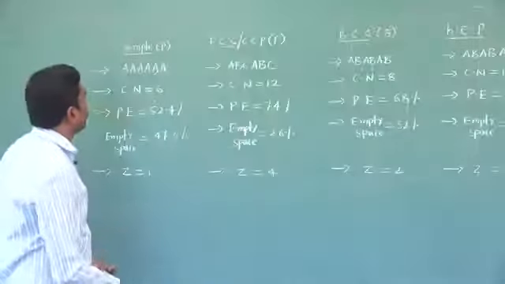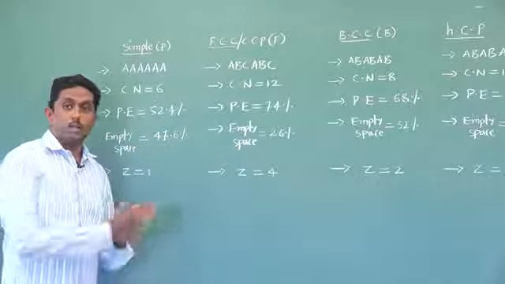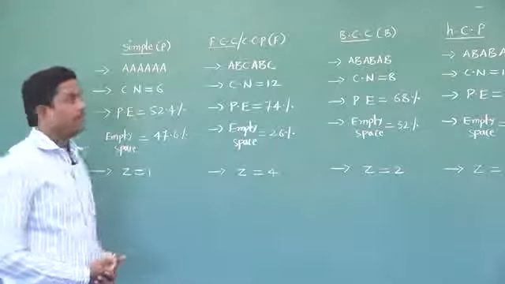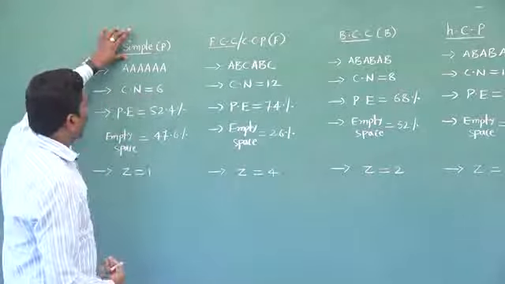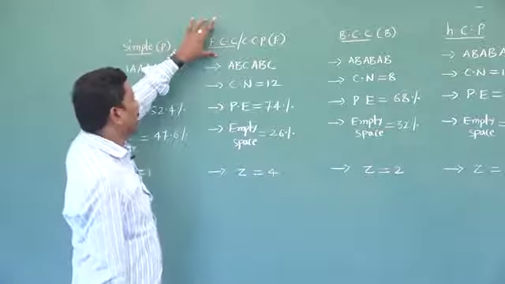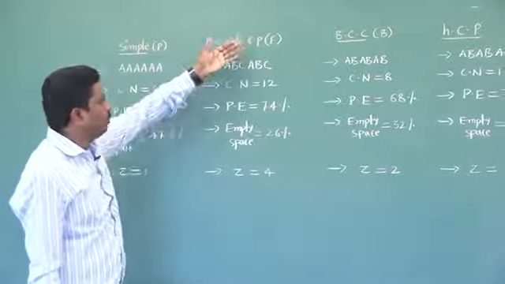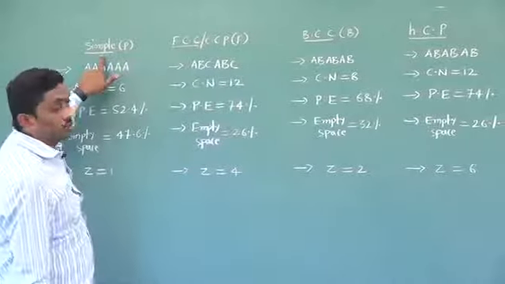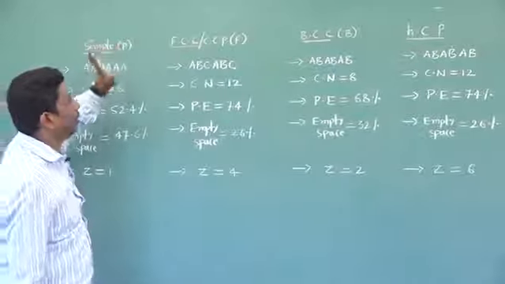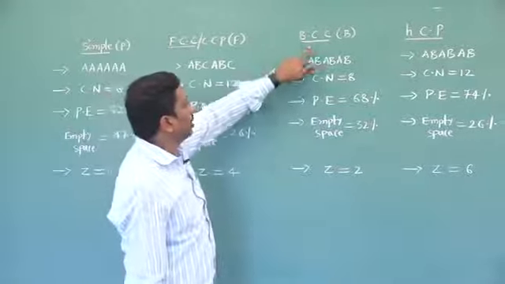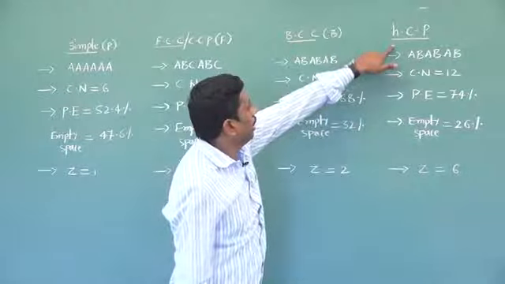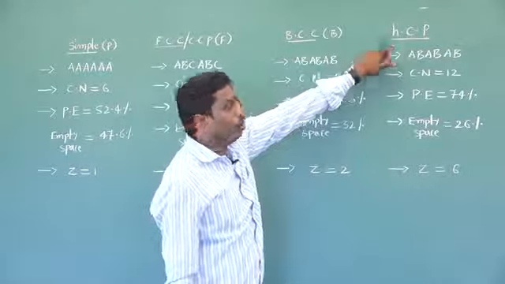Now see some more comparative study regarding 3-dimensional close packing. Simple close packing, FCC close packing. FCC is also called CCP, represented with F, whereas simple is also called primitive, represented with P. BCC, body centered close packing, represented with B, and HCP, hexagonal close packing.